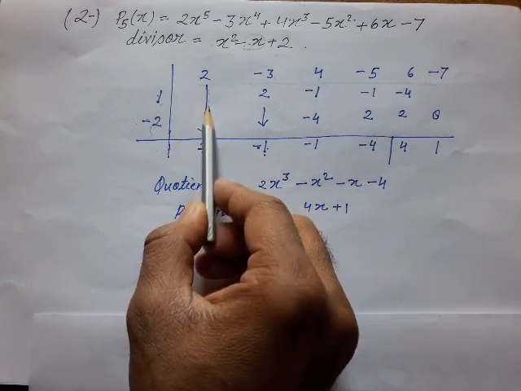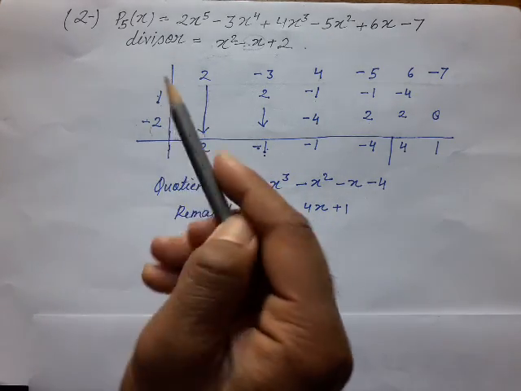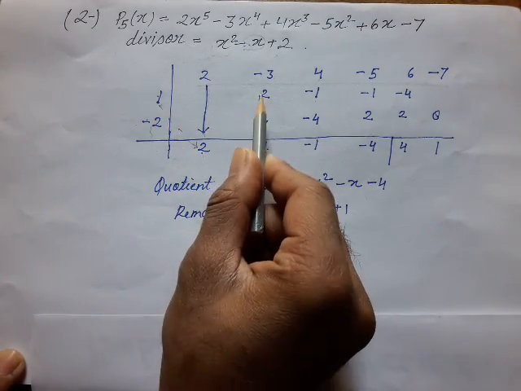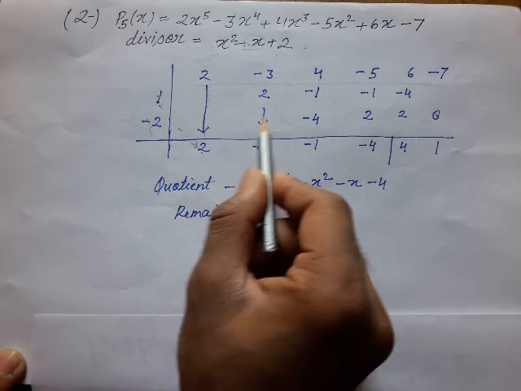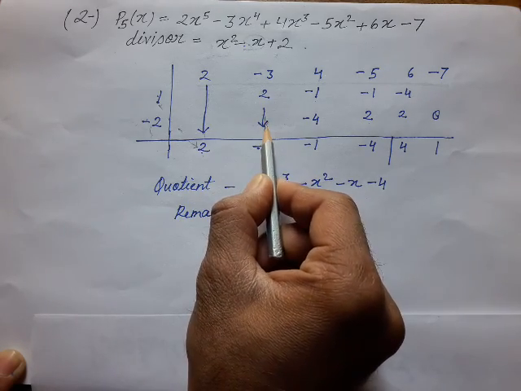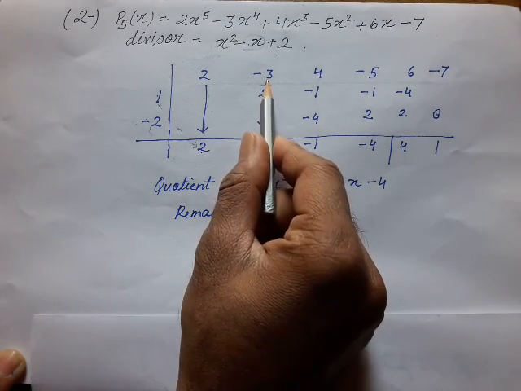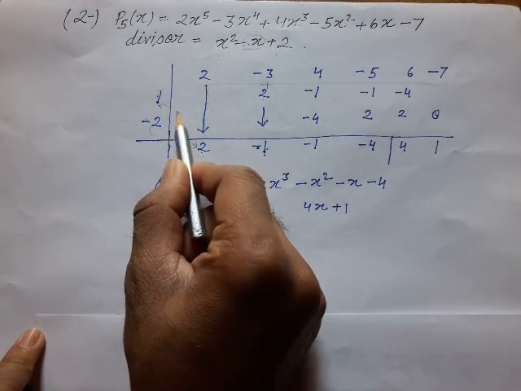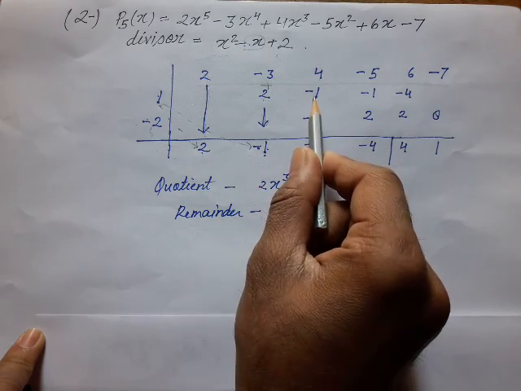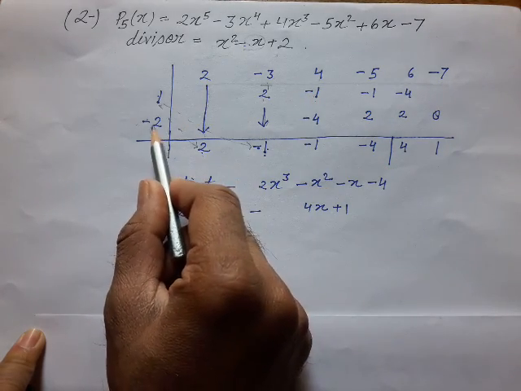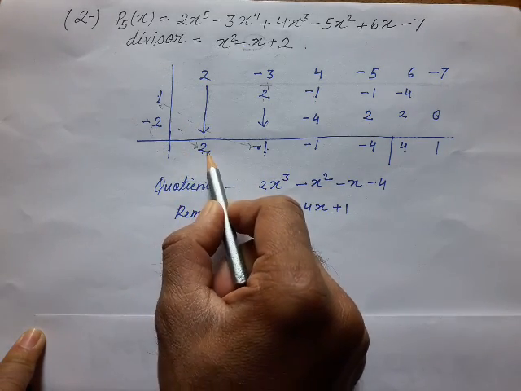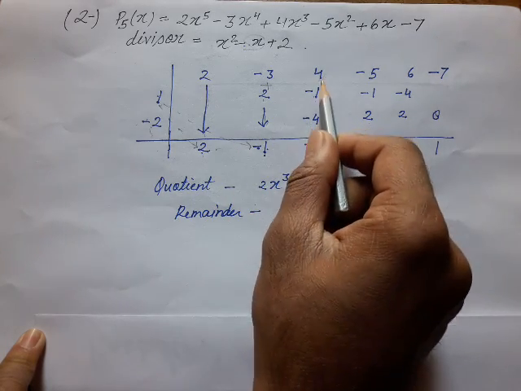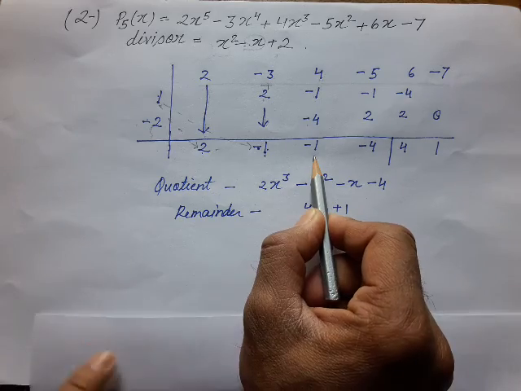Now leaving the first place we write down 2. On multiplying 1 by 2 we put it here, and leaving the second place, on adding minus 3 to 2 we get minus 1. Again multiplying 1 by minus 1 we get minus 1, and multiplying minus 2 by 2 we get minus 4. On adding this we get minus 1.